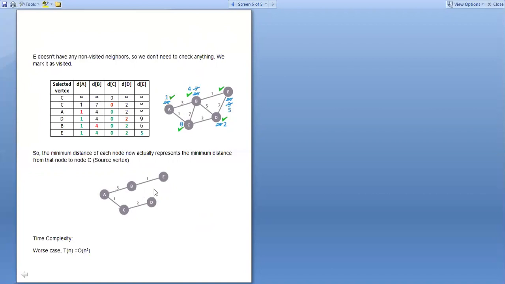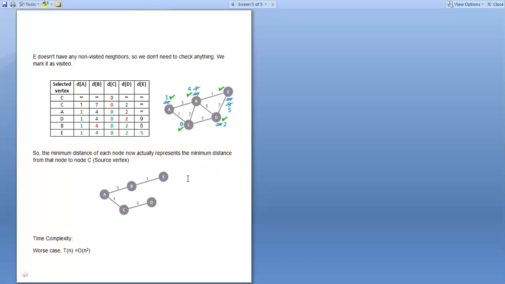If you want to go from C to E, you have to follow this path. If you want to go from C to D, you have to go via A. In this way the Dijkstra algorithm works.